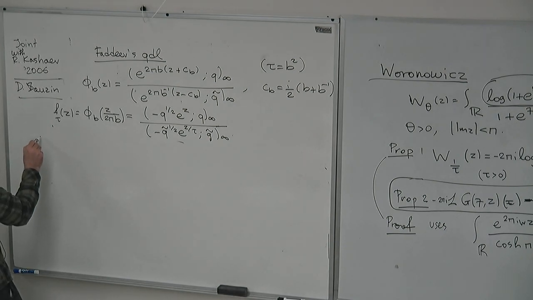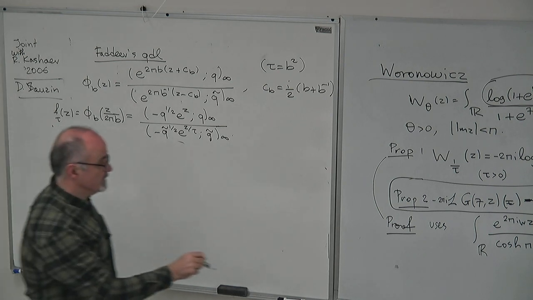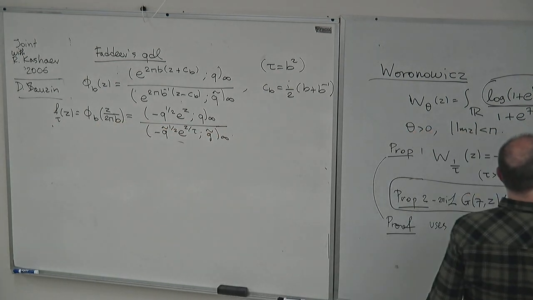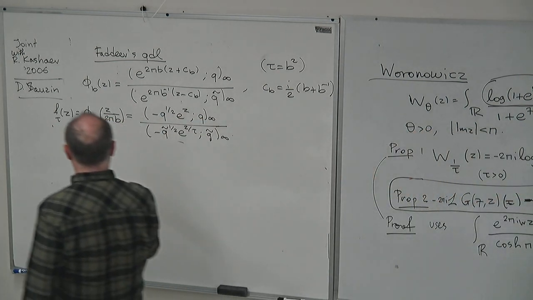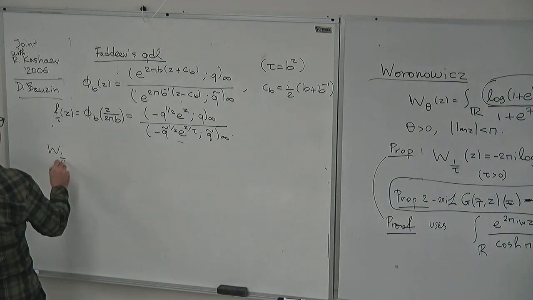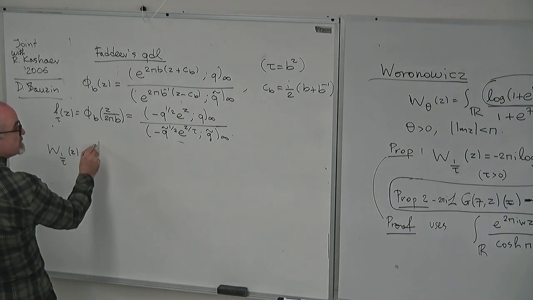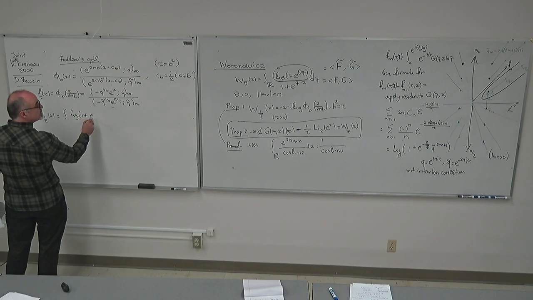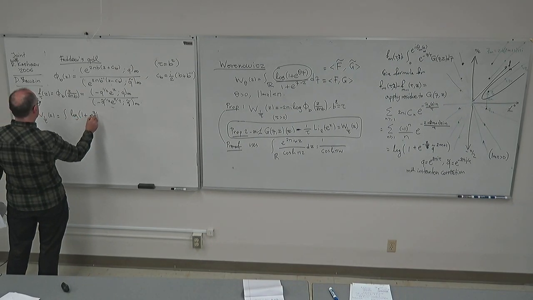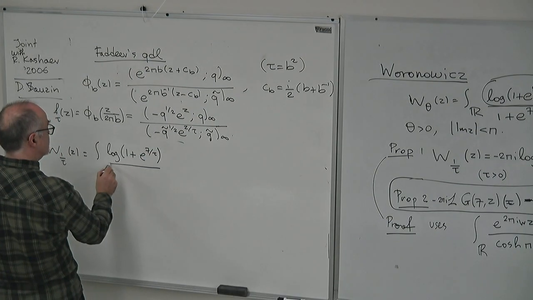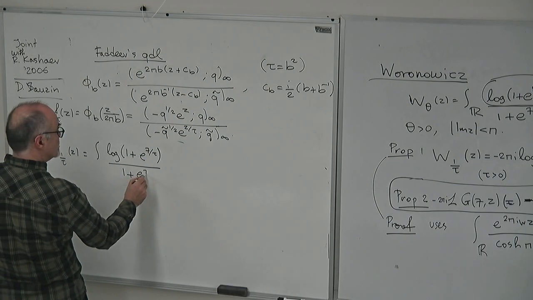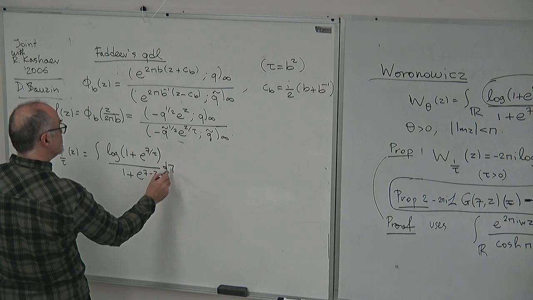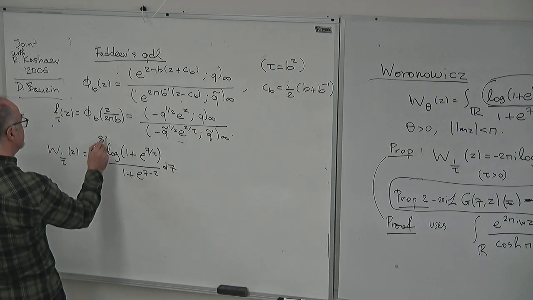So we need to do the integral. So what do we have here? W1 over t of z is the integral of log of (1 plus e to the xc over tau) over (1 plus e to the xc minus z) dxc from minus infinity to infinity.